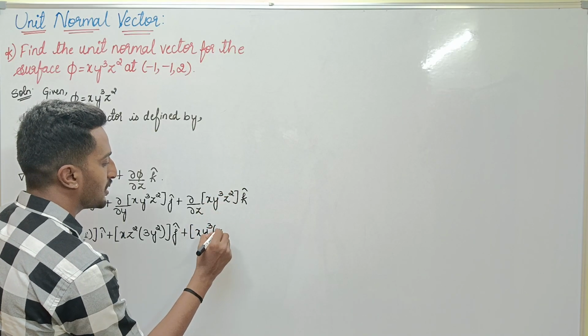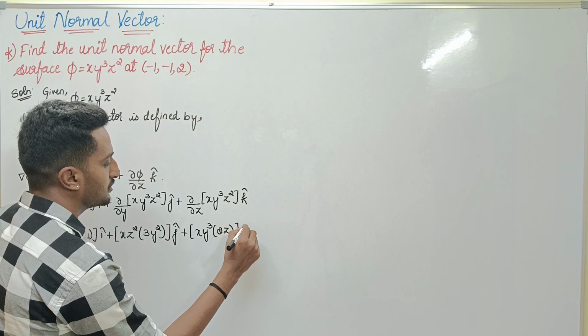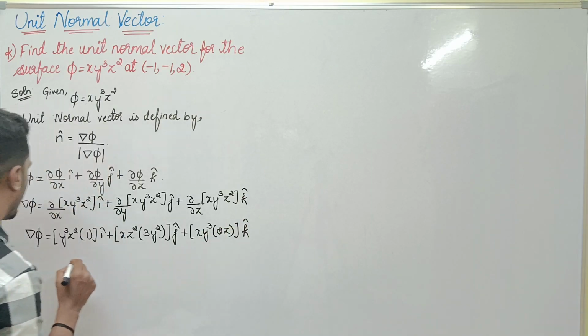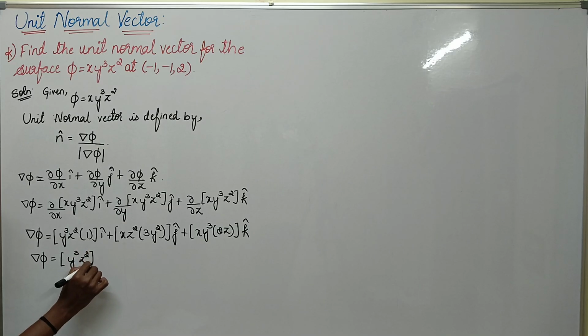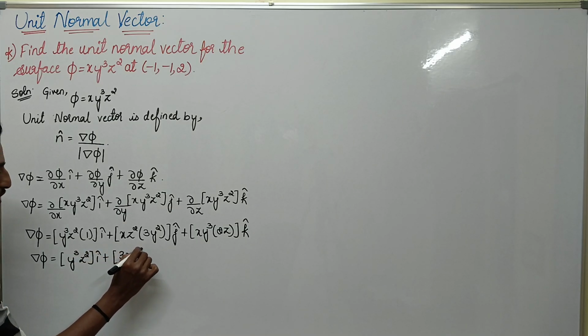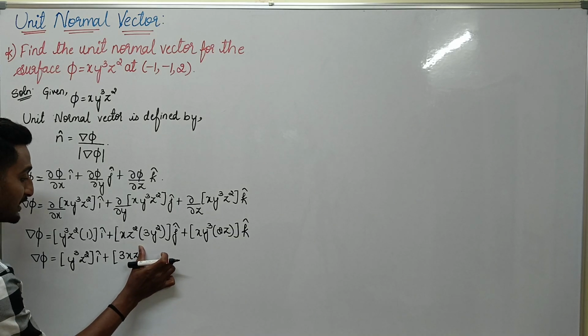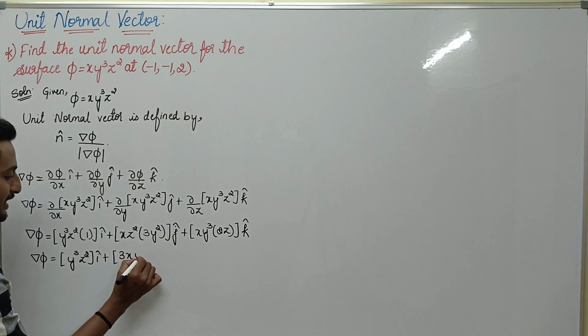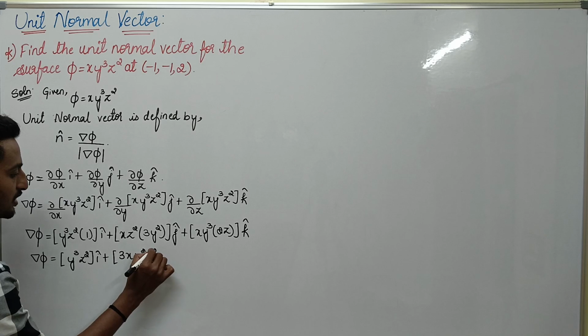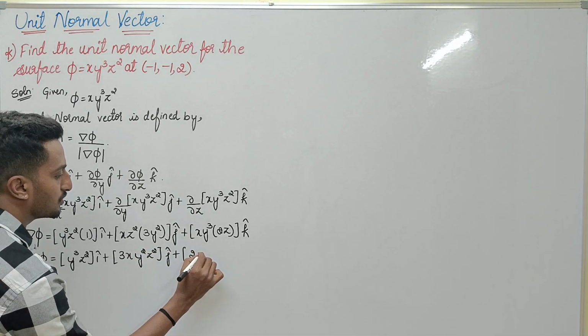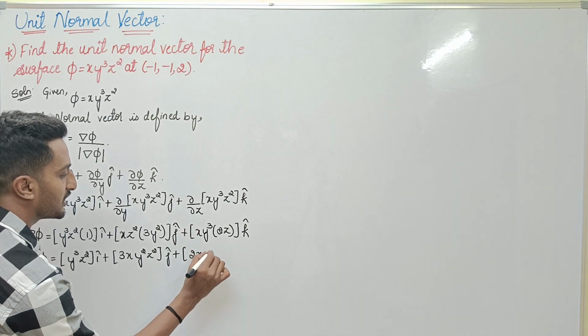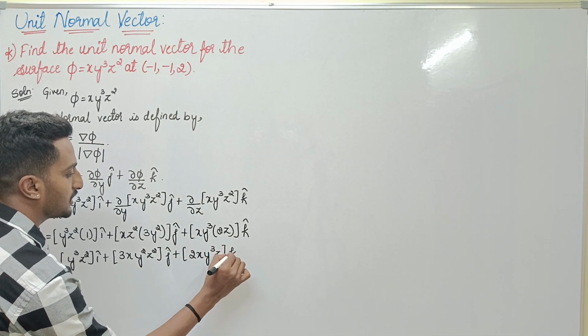Differentiation of z square, we have 2z into k cap, where gradient phi, which is equal to y cube z square into i cap plus 3x y square z square into j cap plus 2x y cube z k cap.